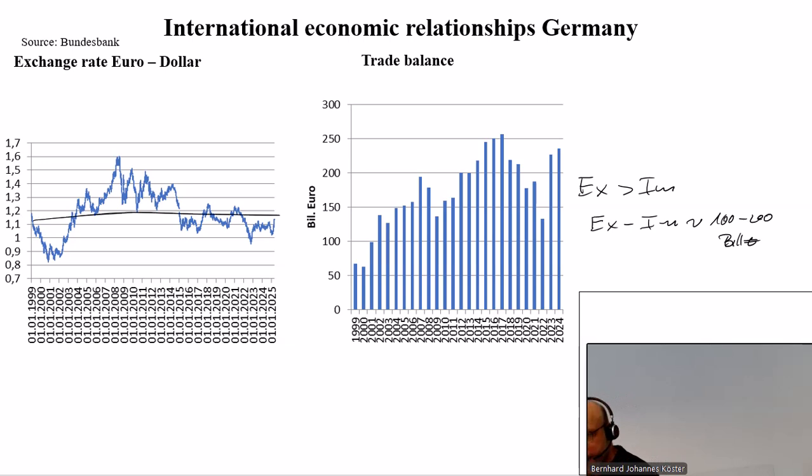Or if you see here the fluctuation of our currency, this is more or less plus minus 20%, even if you look at the change within a year. So we could also not say that low fluctuations in the exchange rate would be an aim. So you don't find it as an aim.